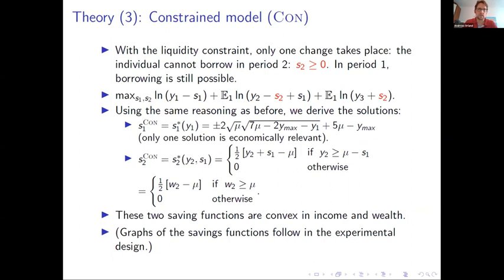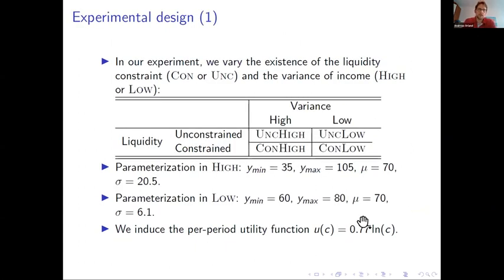And let's come to the experimental design. In our experiment, we vary the existence of the liquidity constraint, so it's either constrained or unconstrained, and the variance of the income stream, so it's either high or low. This gives us a 2x2 design: UncHigh, ConHigh, UncLow, ConLow. And what is important is the parametrization.